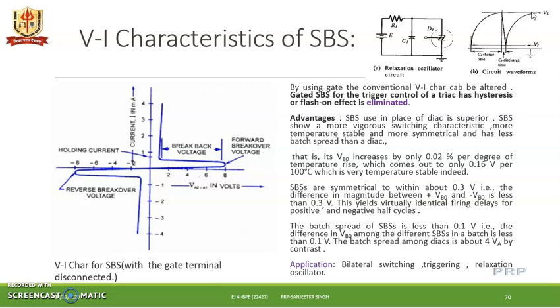Again it will charge up and again the SBS will turn on and discharge. In this way it will be working as relaxation oscillator and producing pulses when it is discharged.